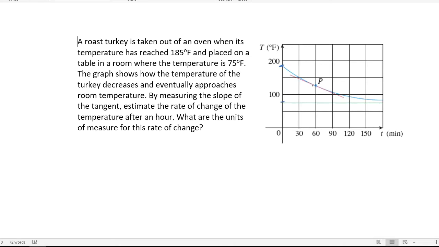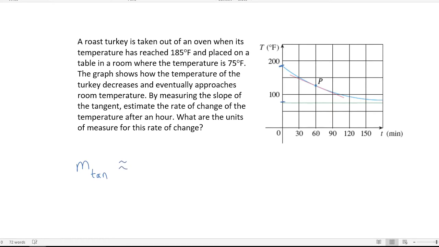We're going to estimate the slope of that tangent line, because the slope of that tangent line is the derivative of that temperature graph, which is our rate of change of temperature over time. So we're looking at the slope of the tangent. Again, this is kind of an approximation.